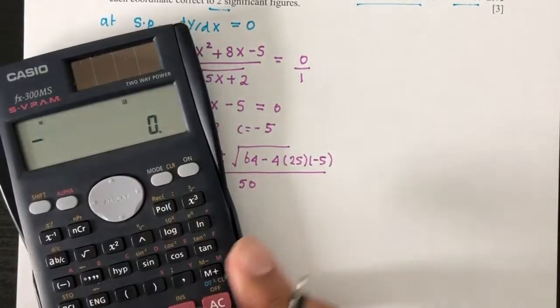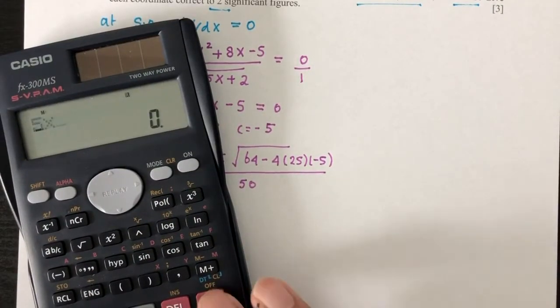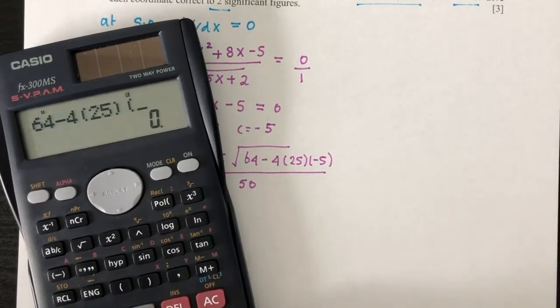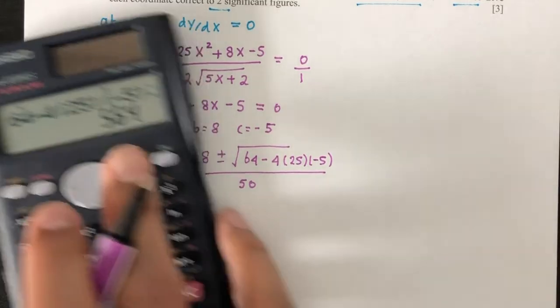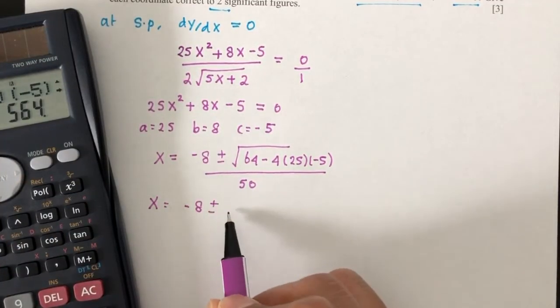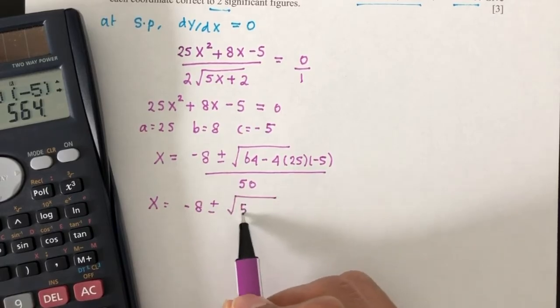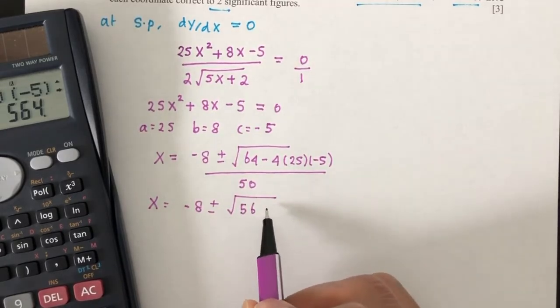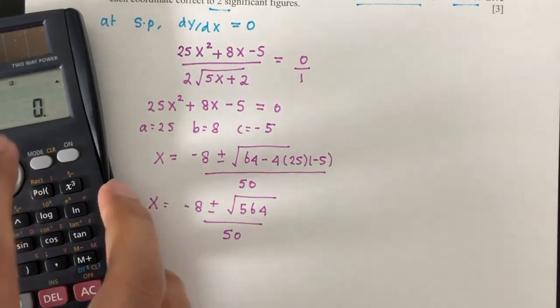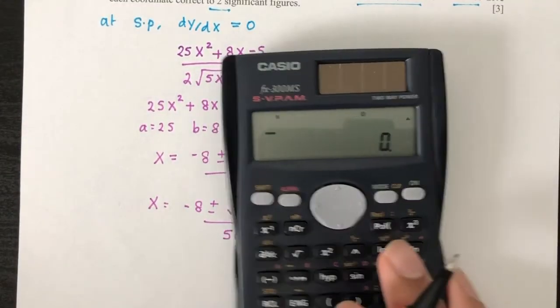Okay, so let's do one by one. 64 minus 4 times a times c. That will be x equals minus 8 plus or minus root of 564, divided by 50.